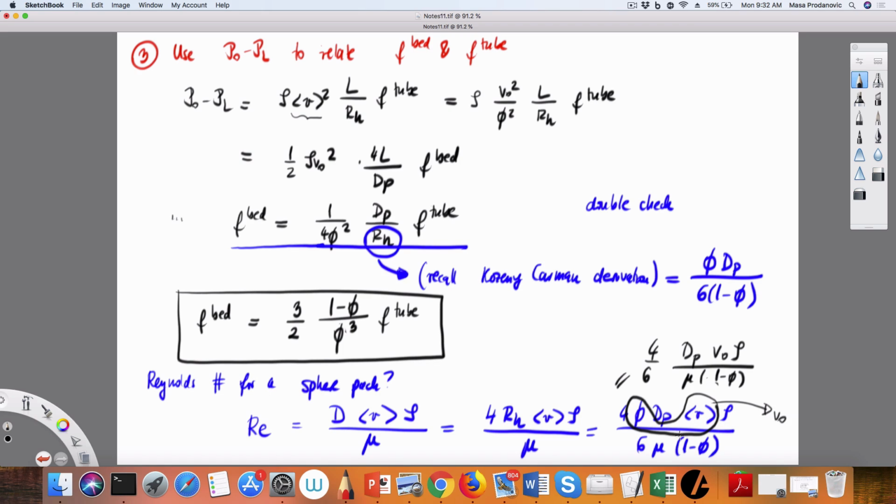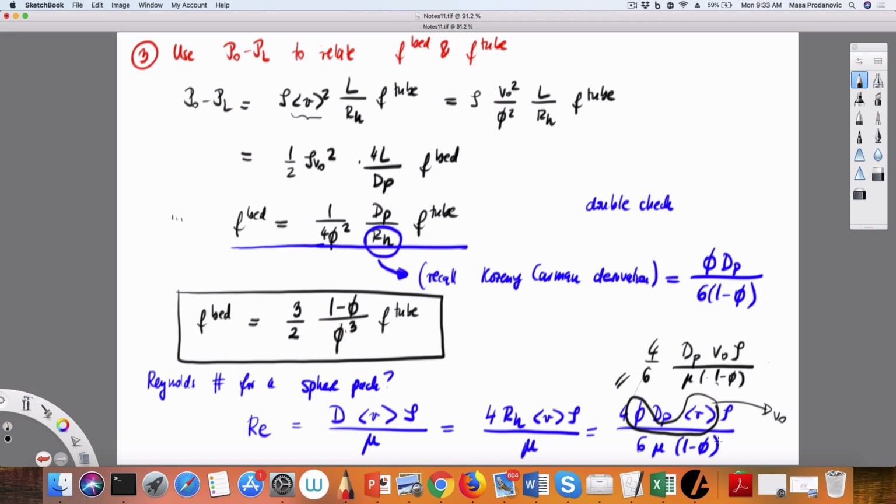I can if I have some fancy simulation, but that's not practical in the lab. So basically, with this definition, I have all of the things in there that I can actually measure about the SpherePack. And typically this 4/6 is actually kind of forgotten. And what you will see in plots often is just dp v0 rho divided by mu times (1 minus phi). Okay. But again, important thing is that I defined Reynolds number in terms of measurable quantities about the SpherePack as well.